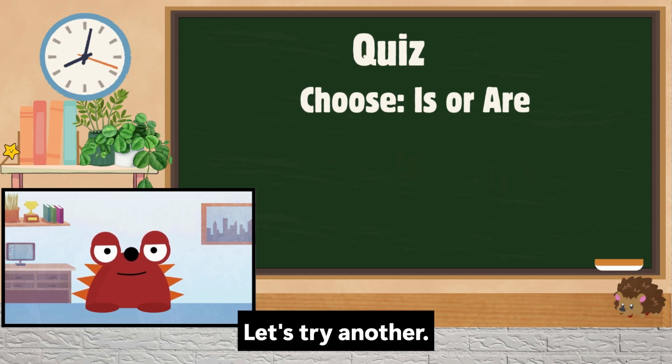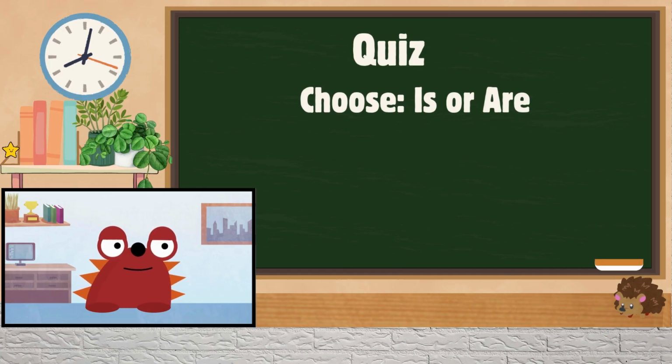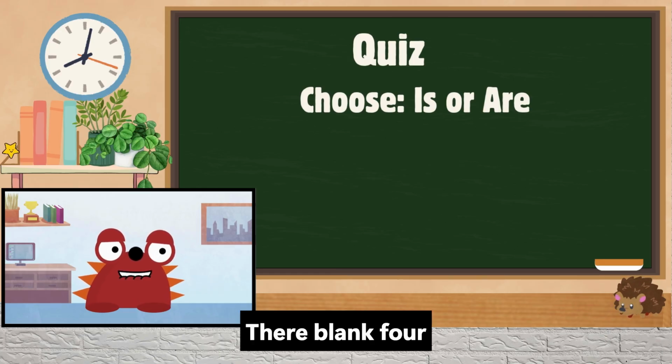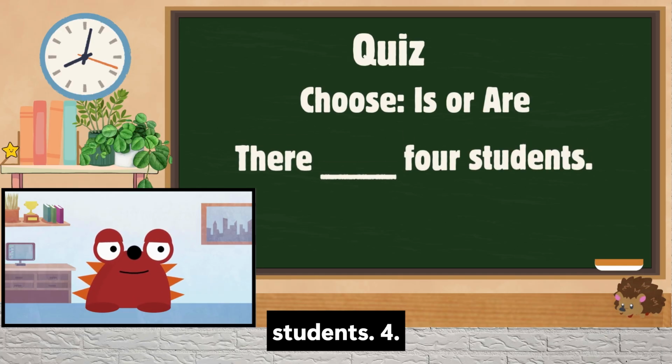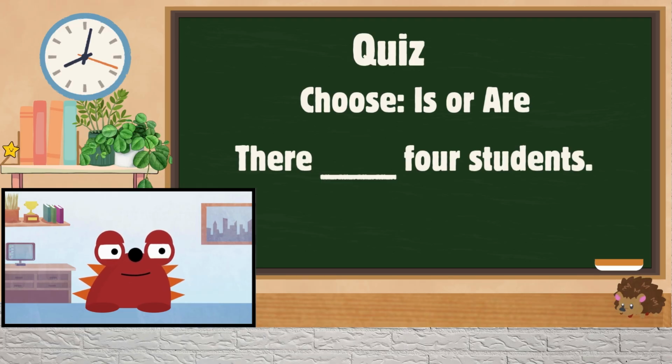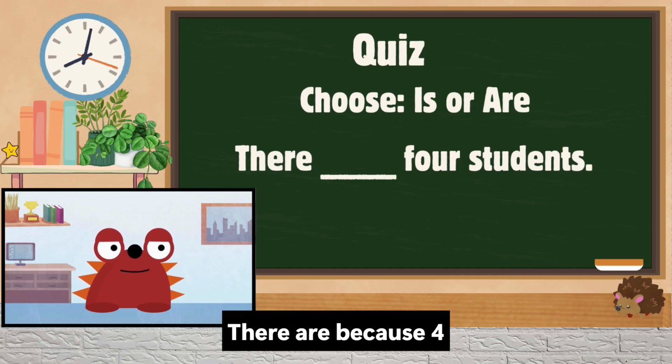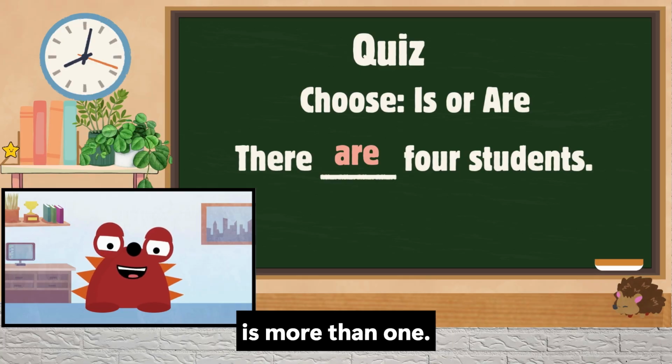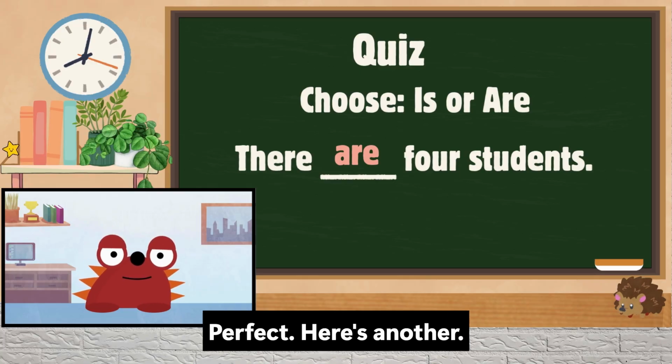Let's try another. There blank 4 students. 4. What do you think? There are because 4 is more than 1. Perfect. Here's another.